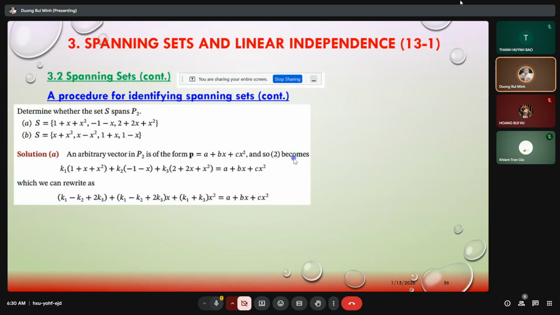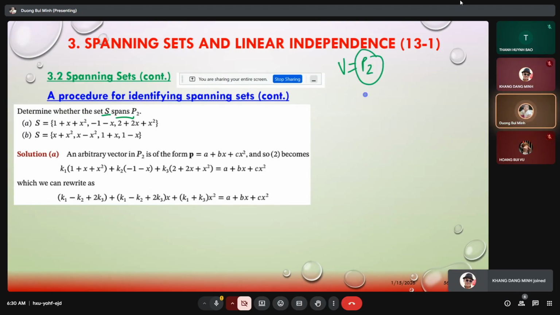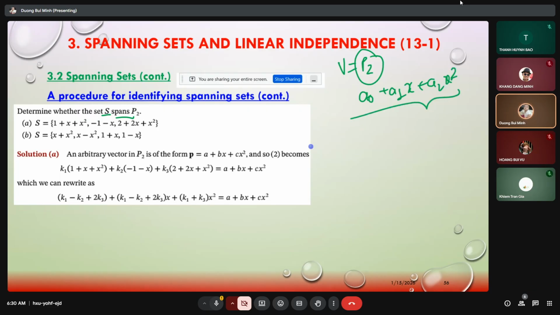So, example: determine whether the set S spans P2. The vector space V is P2, that means A0 plus A1 x plus A2 x squared. We have S with W1, W2, and W3, three vectors.